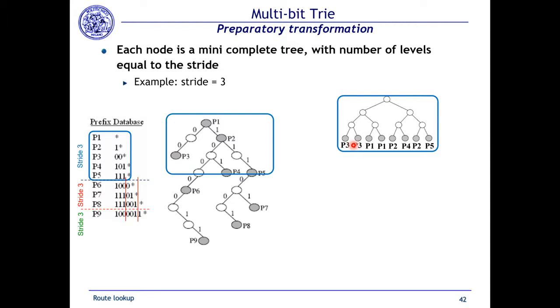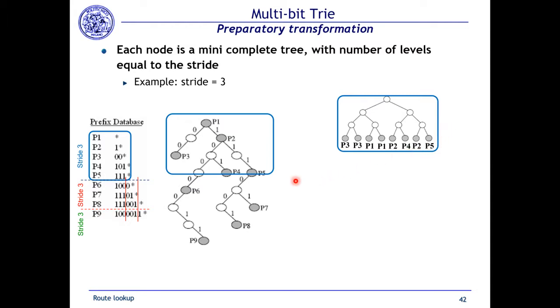One level up, we have P2, which has to be pushed down; since P4 and P5 are already occupied, you copy P2 in this position and this position. Finally P1, at the top, is copied in the 2 remaining empty nodes at the bottom. This is the complete trie that corresponds to the first part.